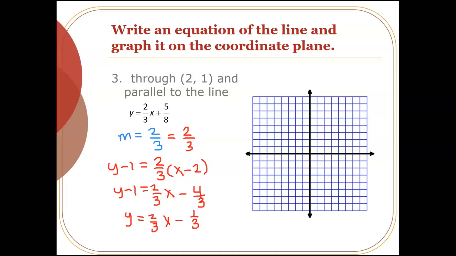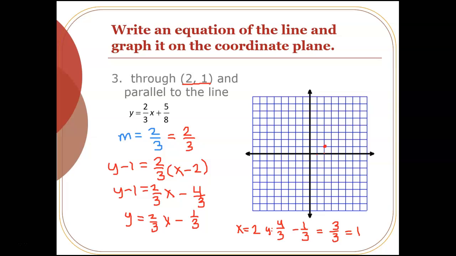If you plug in 2, however, when x is 2, you get that y is 4/3 minus 1/3, which is 3/3, which is 1. So you have the point (2, 1), which again, you could see was also our given point.